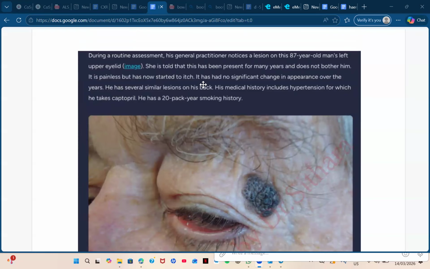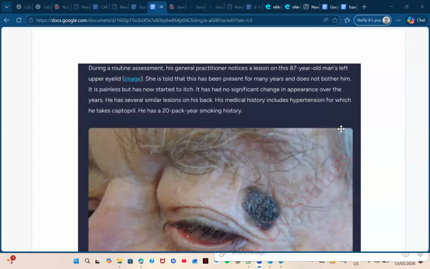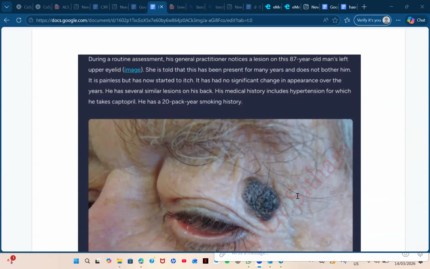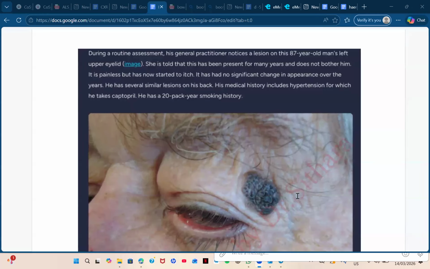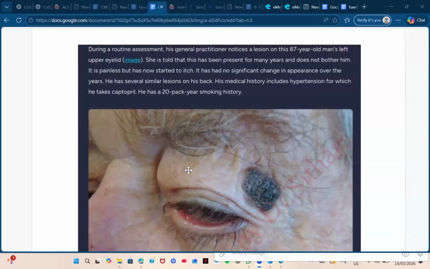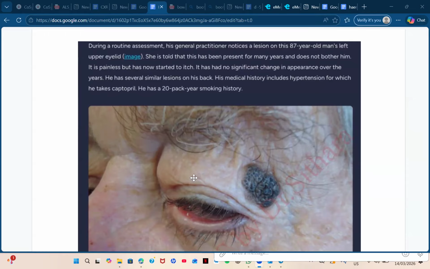During a routine assessment, his GP noticed a lesion on an 87-year-old man's left upper eyelid. He is told that this has been present for many years and does not bother him. It is painless but has now started to itch. It has had no significant change in appearance over the years.